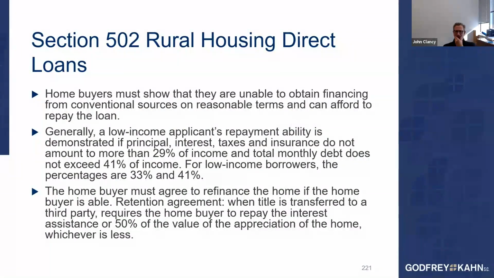They do require evidence that the home buyer has been turned away from conventional sources of financing on reasonable terms, and that they can show they can afford to repay the loan. So it's kind of an in-between situation. It's trying to capture folks who under this program can afford the home and pay the mortgage off, but under conventional loans could not.